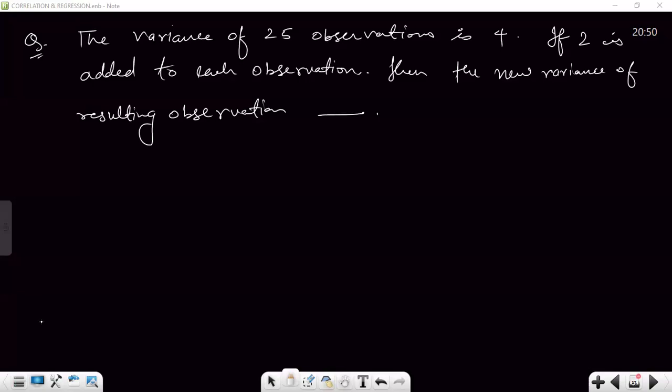If we are adding 2 to each observation, what is this? Change of origin or change of scale? Come on, answer. Hello.